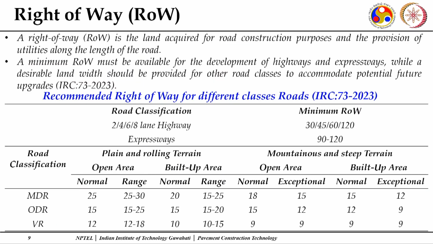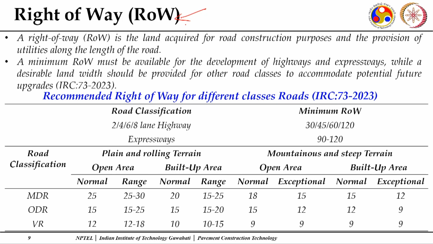Now, as I said, you should be aware how much right of way is required, because this is the beginning part. Normally you design your structures for a life of say 20 years, 30 years, and in due course of time, after certain years, you might feel the need to widen those existing roads.